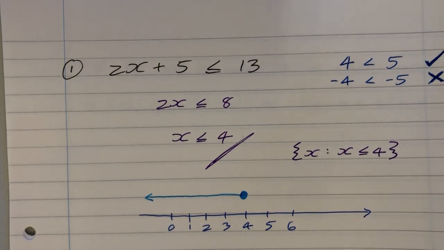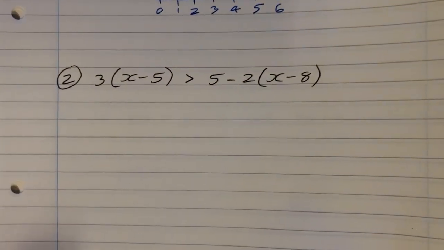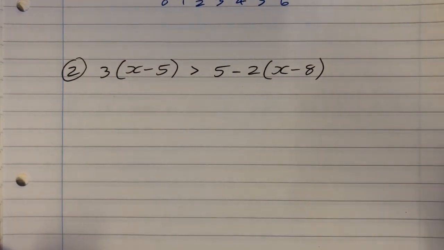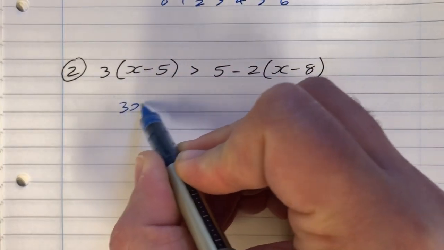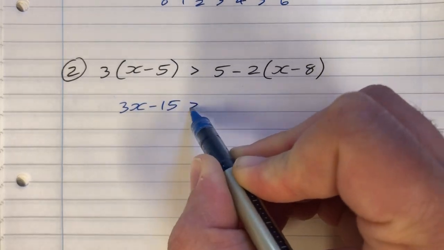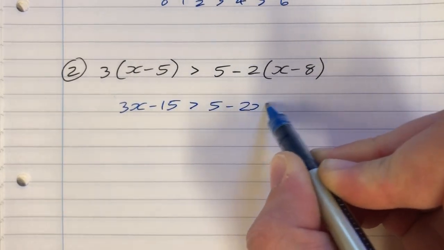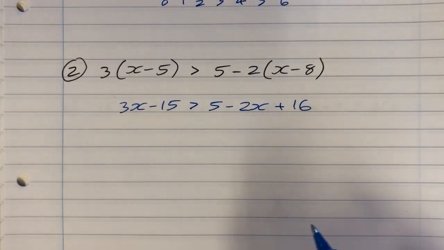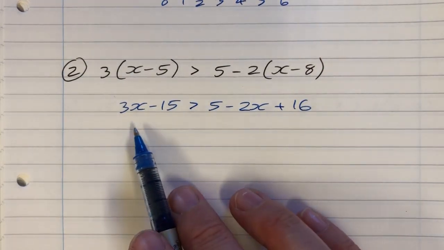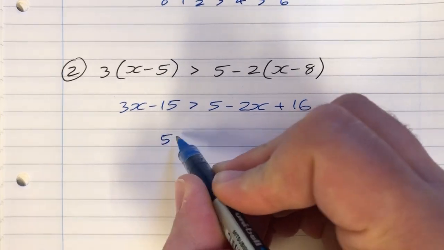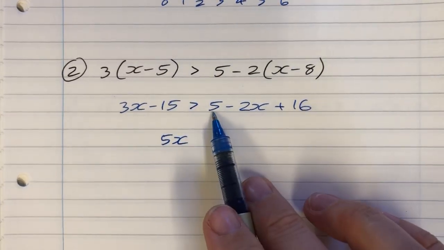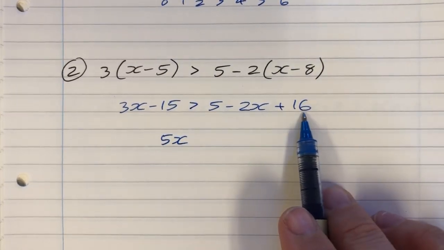Okay, question number 2. Just a little bit more algebra to work with, but the principle is exactly the same. So let's multiply out the brackets first. And then I'm going to combine all the x's onto the left and all the constants onto the right. So I'm going to add 2x to make a 5x. 5 plus 16 is 21.